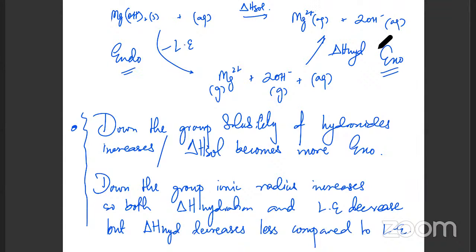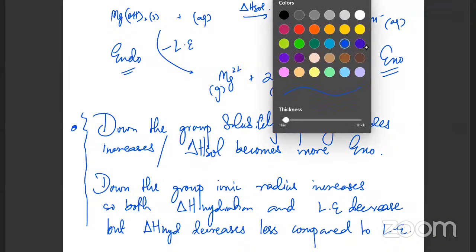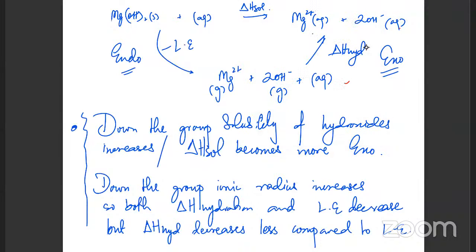Hydration is always exo because you're forming bonds with water. I mean, this part is always exo. You're forming bonds with water. So lattice energy is also always exo. Over here, you're breaking the lattice. It's the negative of lattice energy. So you're breaking the lattice, right? Which is why it's going to be endo. In this case, it's going to be endo because you're going in the opposite direction.